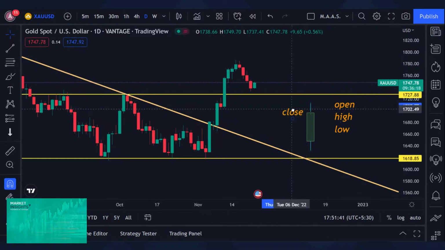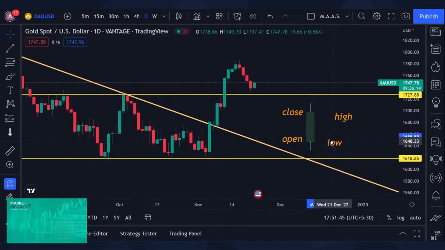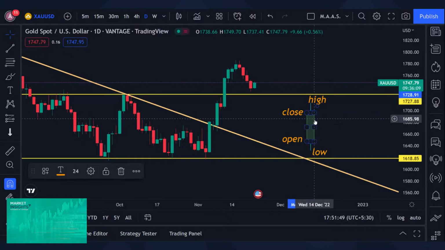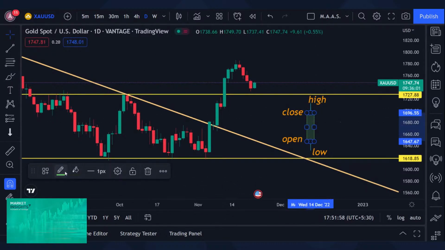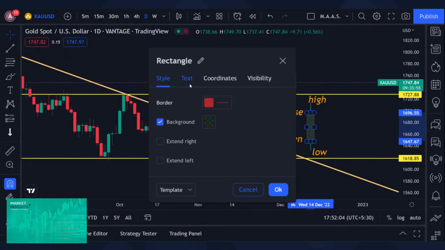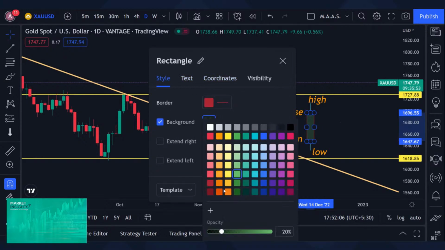So in this case, if it is a green candle, the close is above and the open is lower. This is the low for obvious reasons, and this is the high for obvious reasons. Now a green day signifies a bullish movement. And if we change its color, let's say it is a red day.